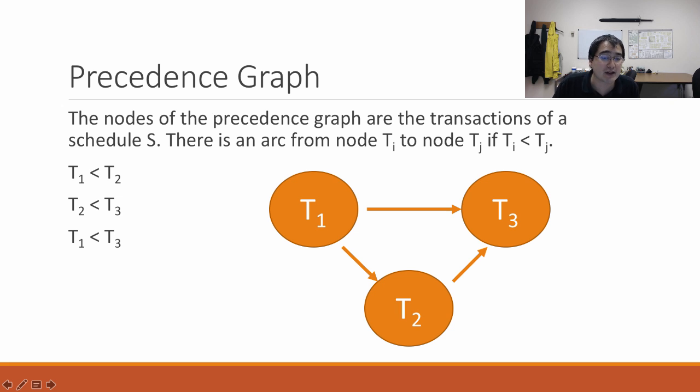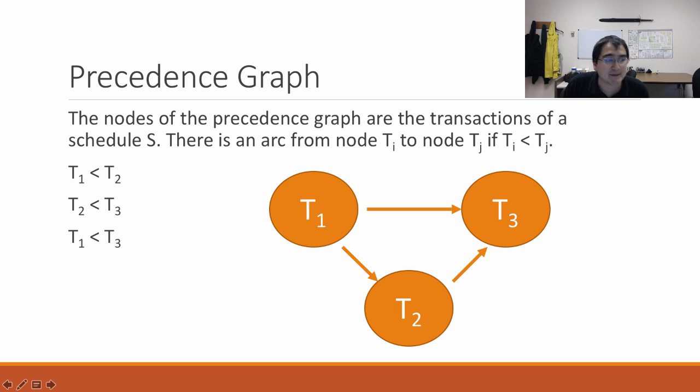So you're looking through the graph to see if there is a way to get through it such that you fulfill all of the dependencies of each node before you go on to it. T1 has no dependency, so it can occur first. T2 has to come before T3, so the only possible serial schedule for this is T1 and then T2 and then T3.